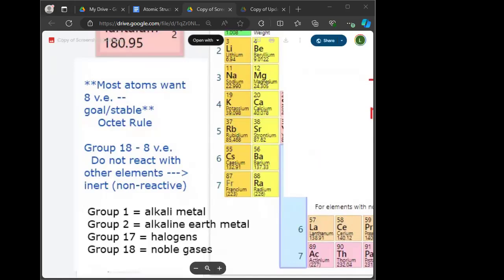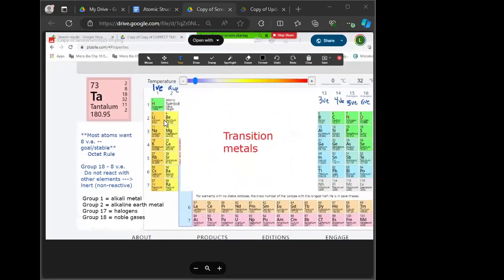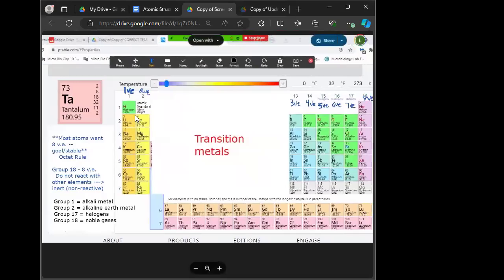Okay, next we also need to know that some of the groups, and remember a group is a column, some of the groups have special names. So for example, everyone in group 1 is called an alkali metal.